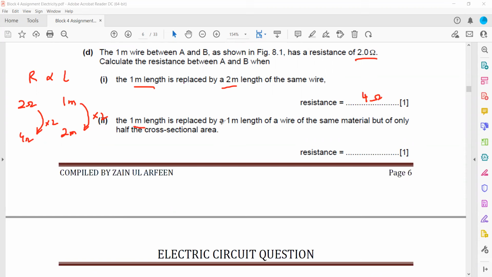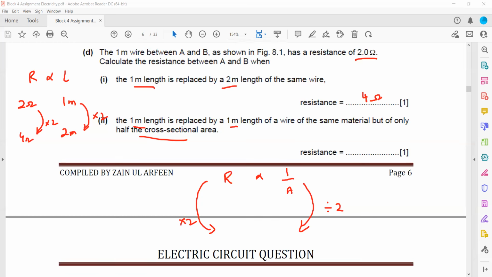Then the 1 meter wire is replaced by 1 meter of the same material but half the cross sectional area. What is the relation between resistance and cross sectional area? They are inversely proportional. If we decrease the cross sectional area, the resistance will increase. If the cross sectional area is divided by 2, the resistance will be multiplied by 2.